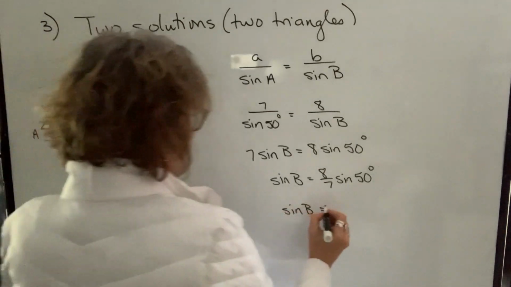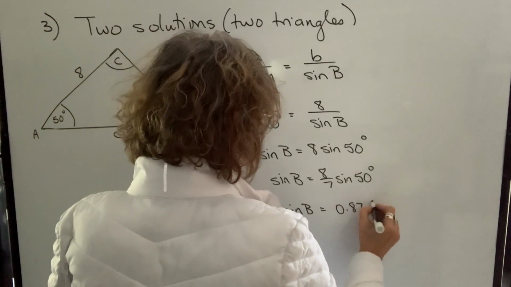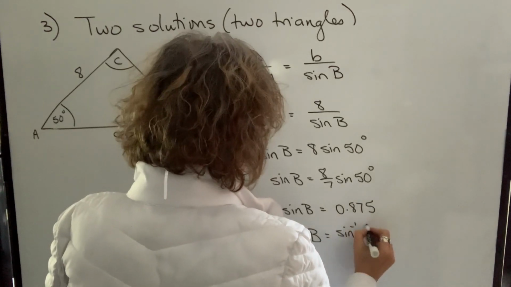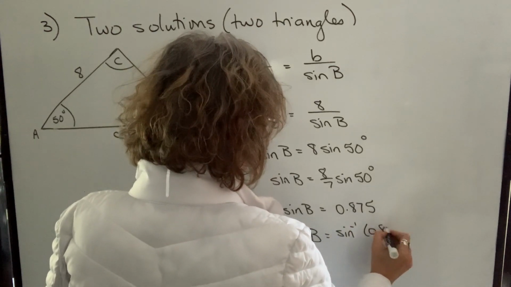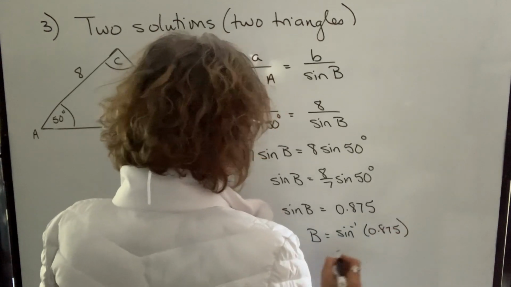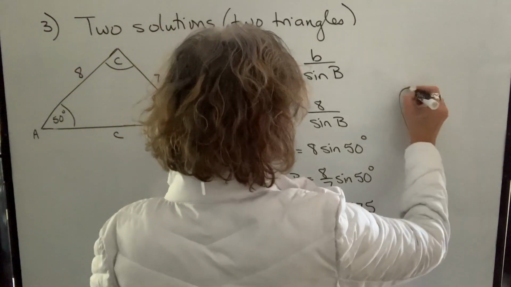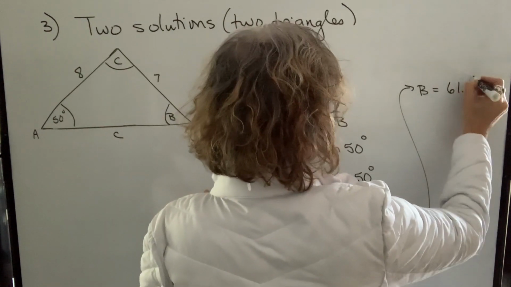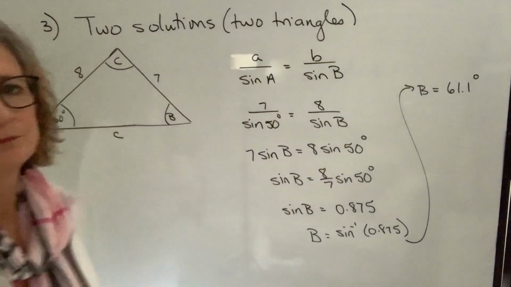We get a ratio of 0.875. So we find the angle by taking the inverse sine of 0.875. That gives us an angle of 61.1 degrees.